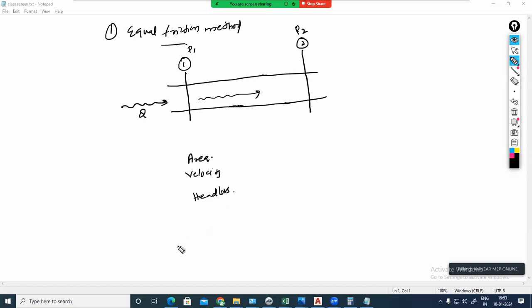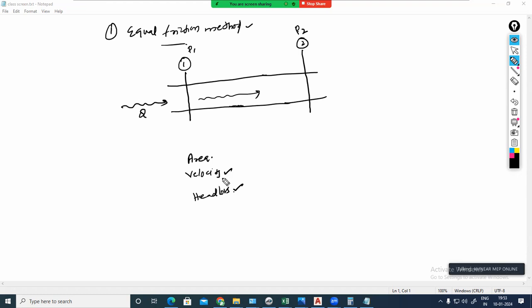So if you want to find the dimension of duct, either velocity or head loss, we should assume. Out of these two parameters, any one you have to assume, then only you can find the dimension, whatever the method may be. In equal friction method, head loss we will be assuming, then we will be finding the duct dimension. At the same time, velocity we will be maintaining within the limit.